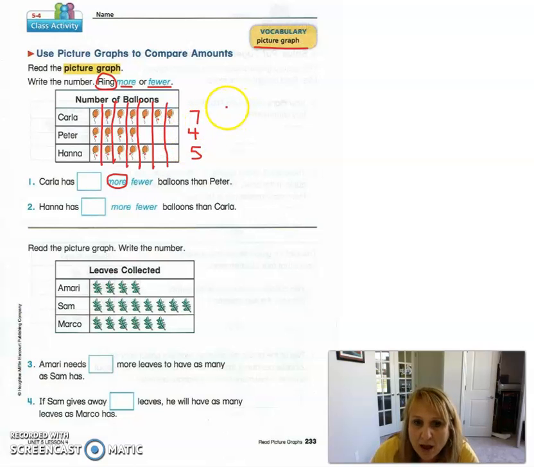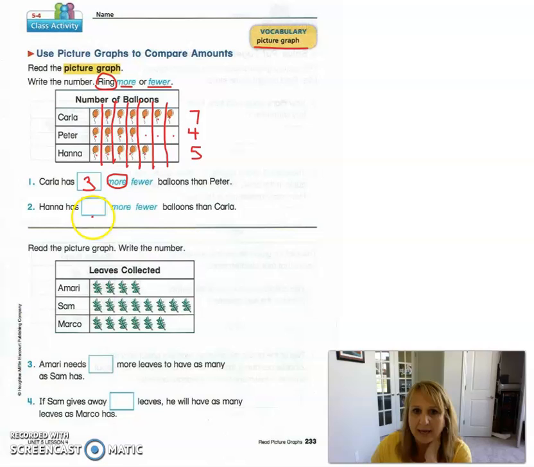Okay, so now I can look at Carla right here and I can look at Peter and I can see how many empty boxes. 1, 2, 3. So that tells me that Carla, she has a balloon in each of those boxes. Peter does not. So Carla has 3 more balloons than Peter. Does that make sense? If you need to pause my video for a minute and look at that closer, you can. Now let's go on to Hannah.